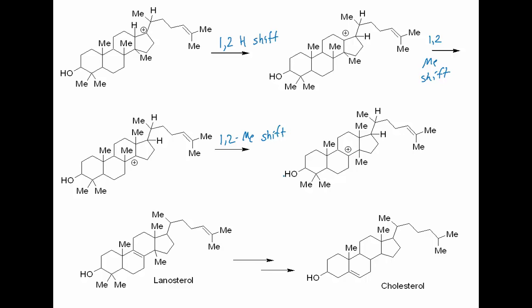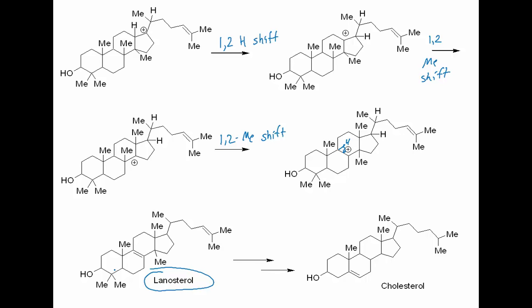And let's see, what is it going to do? It's going to lose the hydrogen here to make the alkene. And this is a steroid called lanosterol, which undergoes biological degradation further to provide cholesterol.